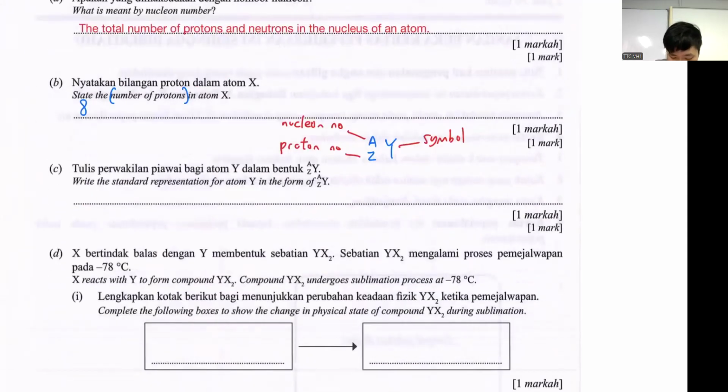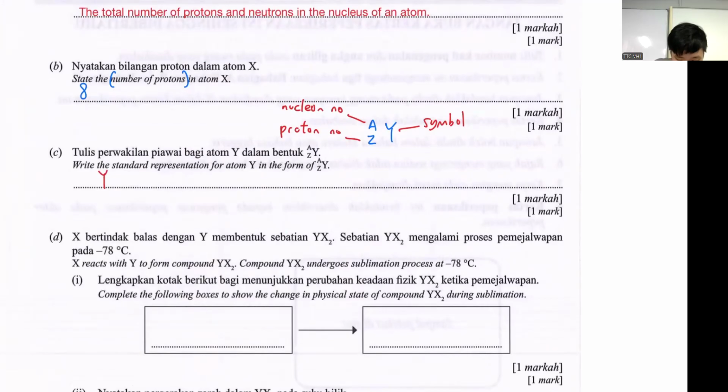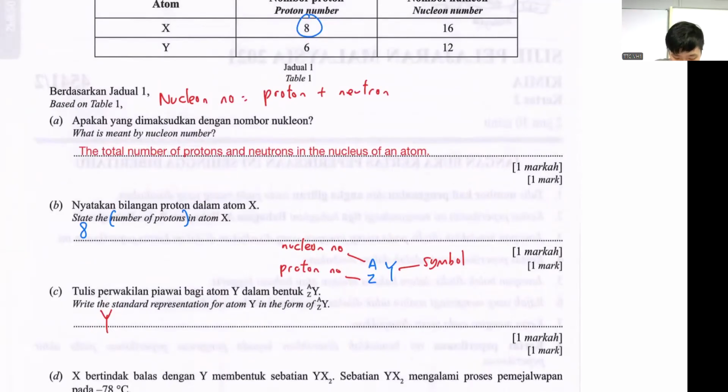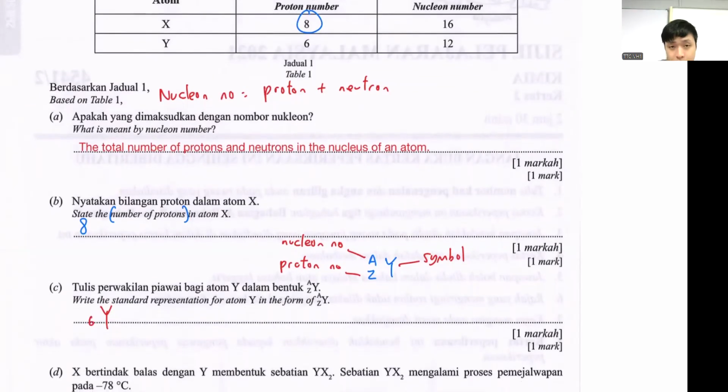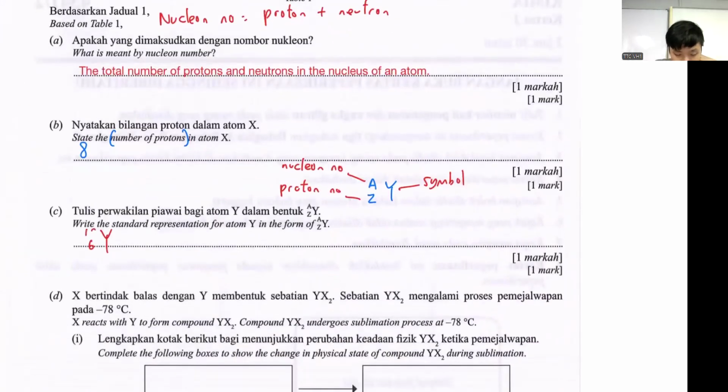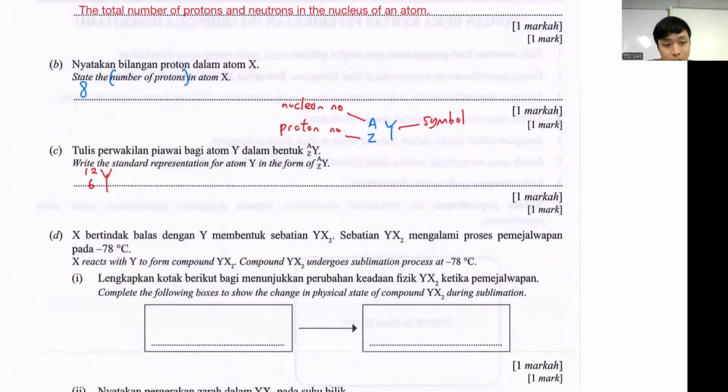So for Y, you just write Y, and then proton number is 6, sorry, 6. And nuclear number is 12. So they give you the nuclear number, also very nice. Actually, also kind of free mark. Just know the simple theory.